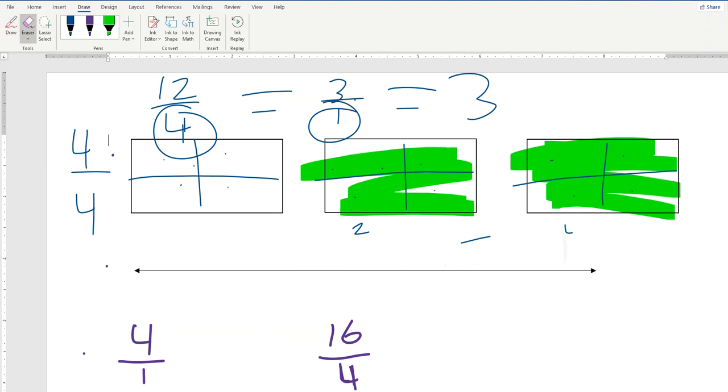So let's say our number line falls between 0 and 3, just like above. So I have 1, 2, 3. Now, I can still divide them in fourths.